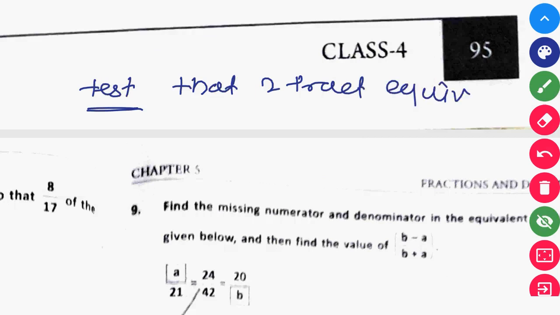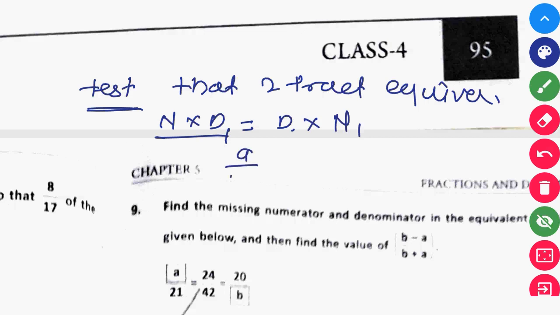There is one test: if we multiply the numerator with the denominator of the other and the denominator with the numerator of the other fraction, meaning we cross multiply, and their values are the same, then what does it mean? a upon 21 is one fraction and 24 upon 42 is the other fraction. So a multiplied by 42 is equal to 24 multiplied by 21.